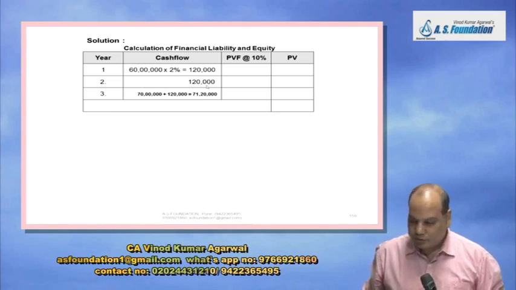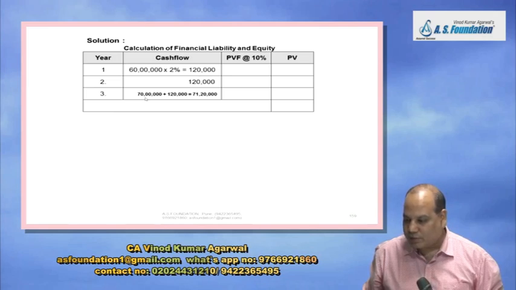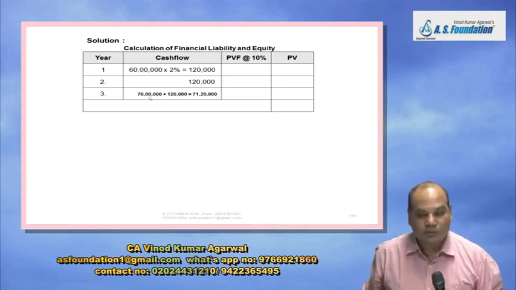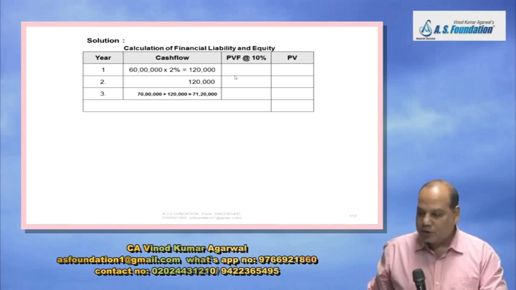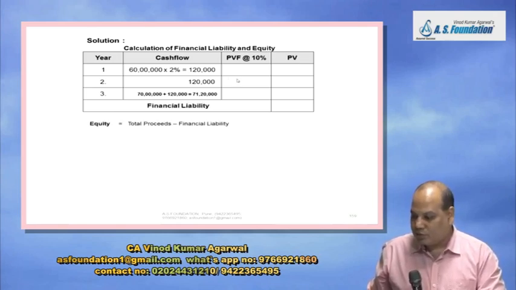Last year we are going to pay 7 million, if it does not opt for a conversion. We have to pay 7 million plus the third year coupon. So total outflow will be 71,20,000. Use 10% factor, calculate the financial liability.